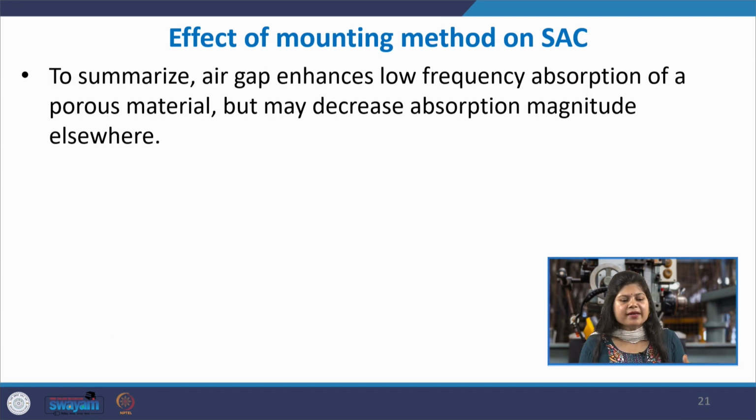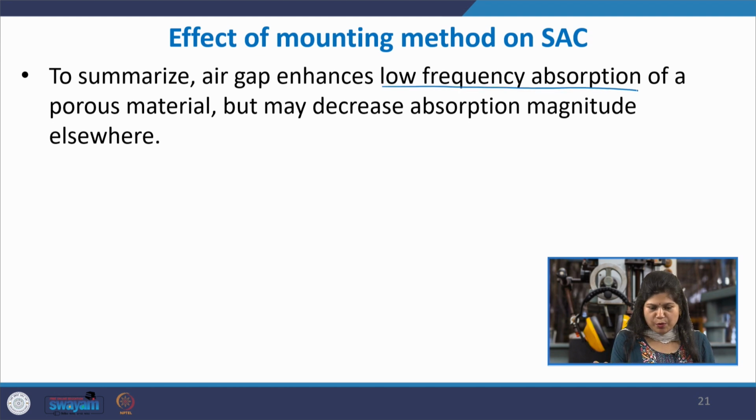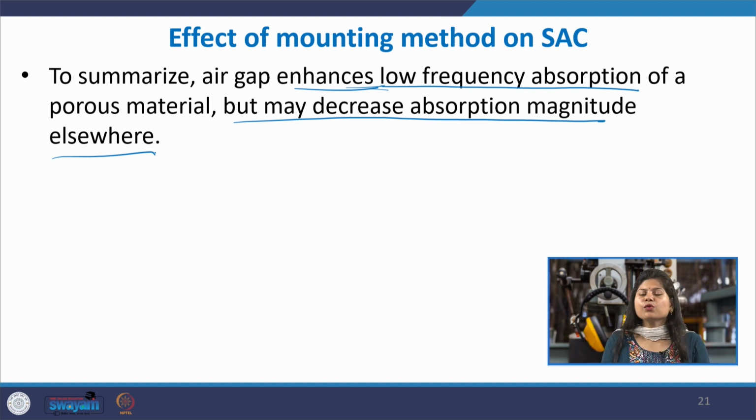So, to summarize, typically the mounting method does affect SAC, and if an air gap is introduced, it is said to typically enhance the low frequency absorption, but this enhancement at the low frequencies can come at a cost of a decrease in the absorption magnitude at the other higher frequency zones or at the other places where it was initially high.